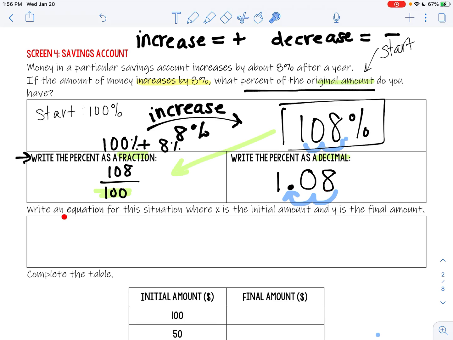So now we can write an equation for this situation. And writing equations makes us very efficient mathematicians. We can answer these problems pretty quickly once we develop an equation for this percent increase situation. Every equation has a y, an equal sign, and an x, okay?